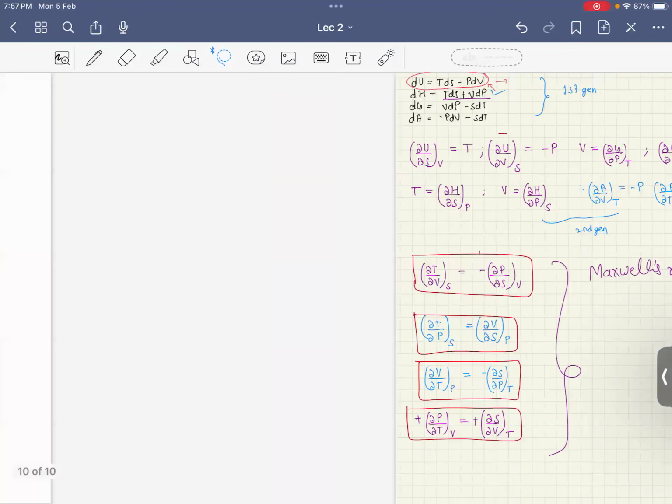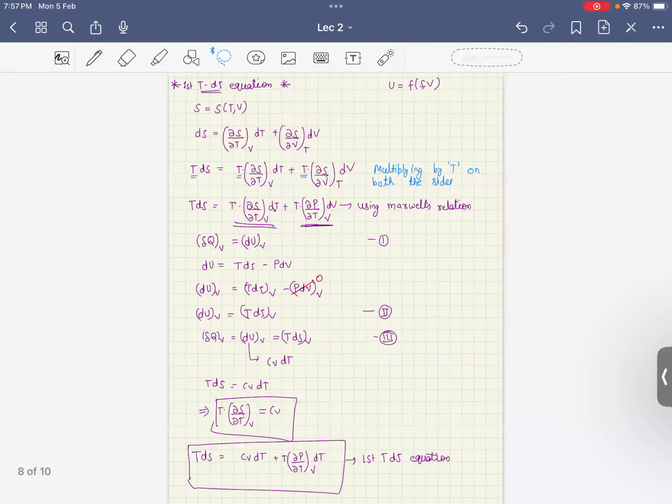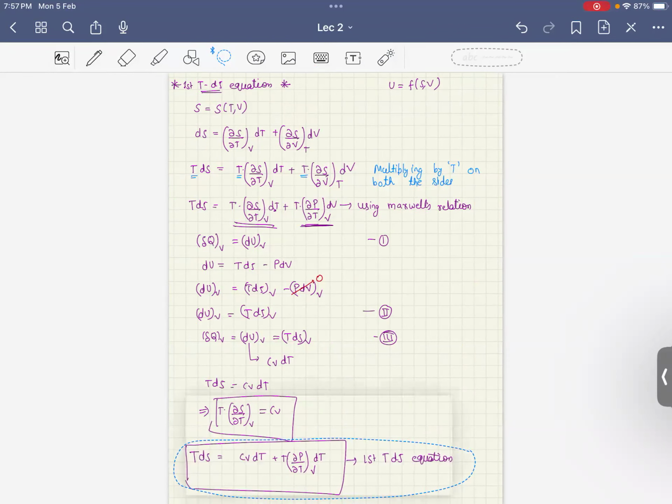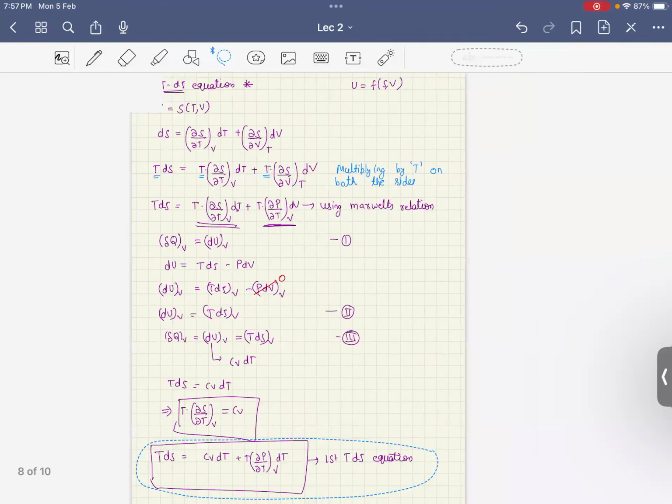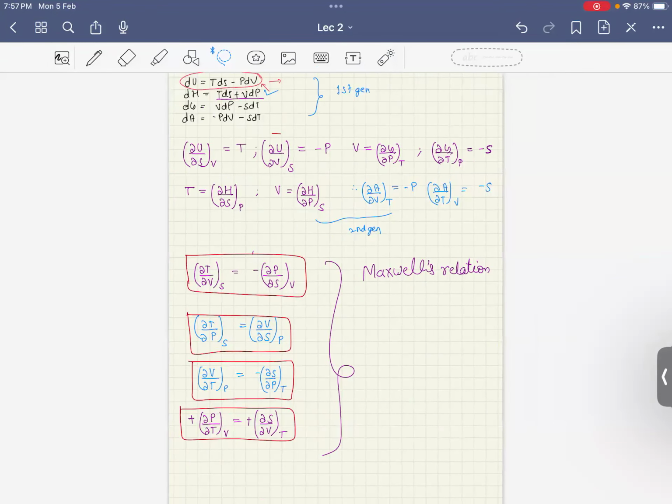Okay. And now we write the second TdS expression again. Copy, paste, just like this first.